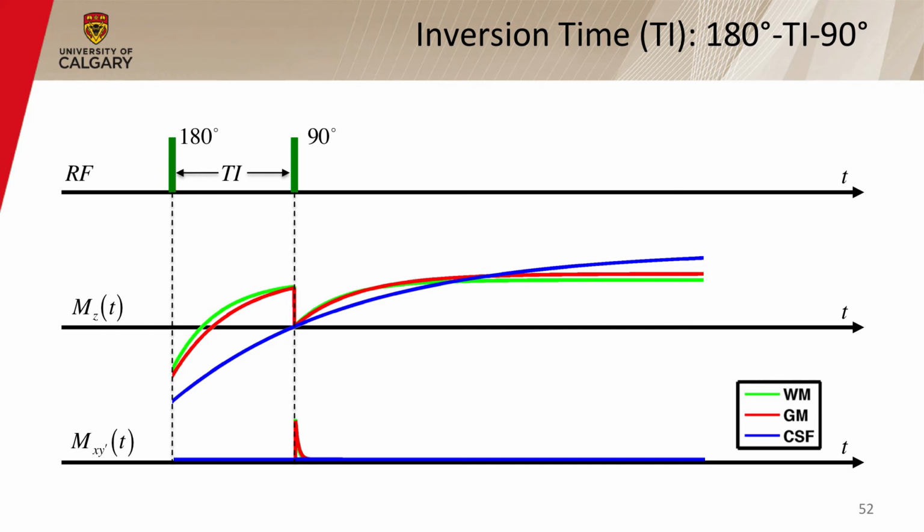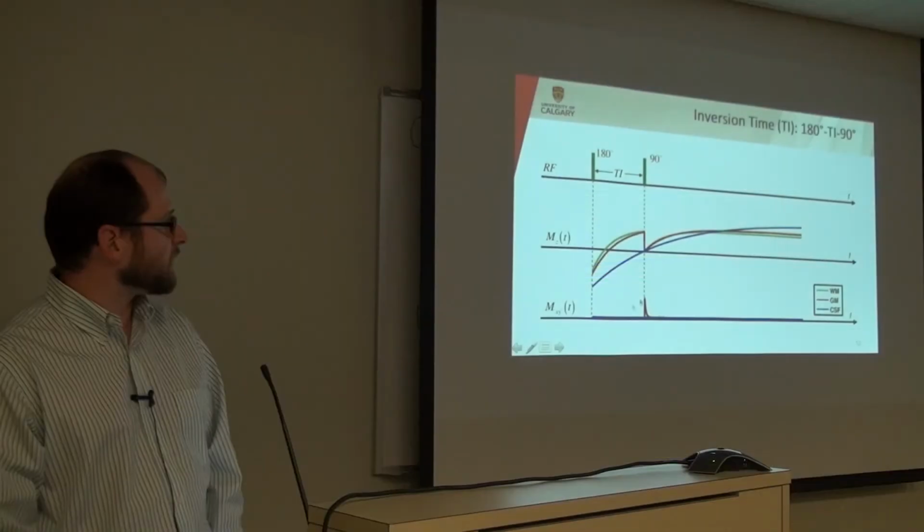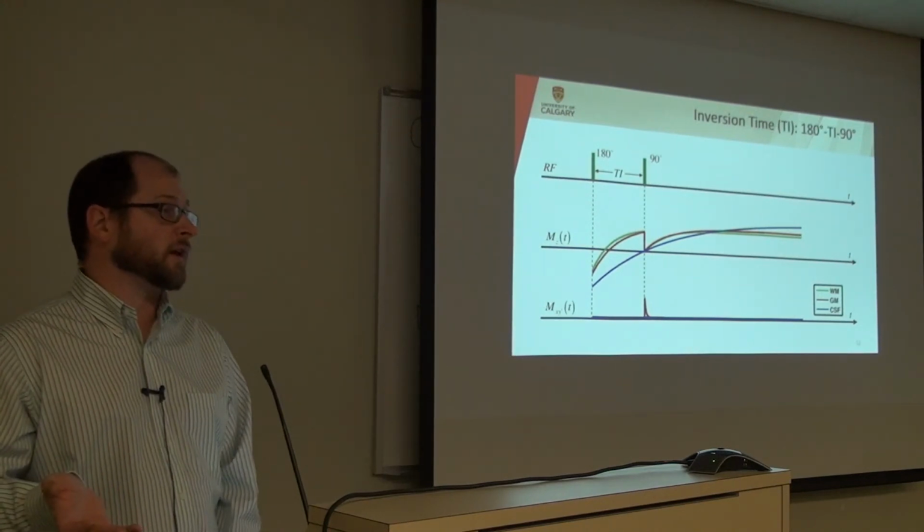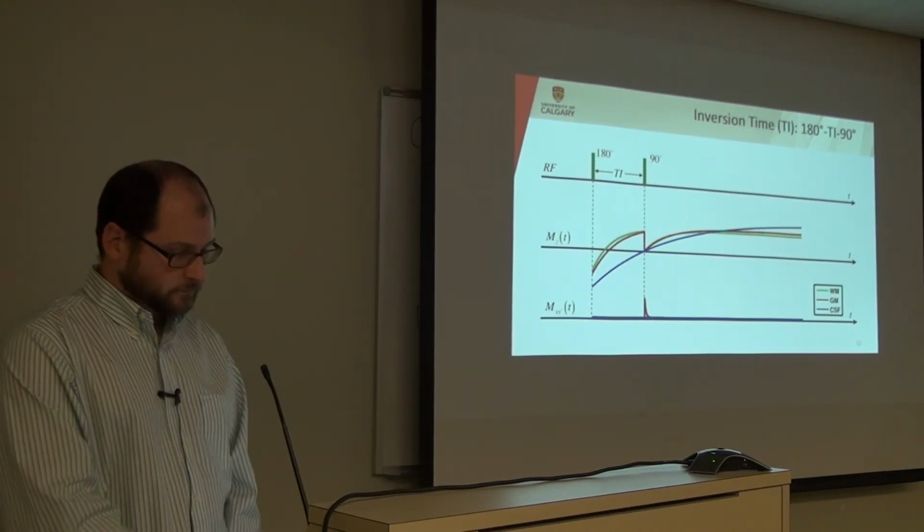And so when we look at the transverse magnetization as a function of time, you can see that CSF is always 0 because after the 180-degree pulse, there's nothing. We've timed that 90-degree pulse to go through the 0 point of the MZ magnetization, which means there's also nothing available for the 90-degree pulse. So now we've got more image contrast between gray matter and white matter, and we should have basically 0 signal at all from the CSF.